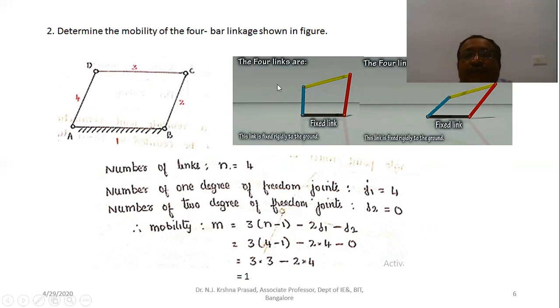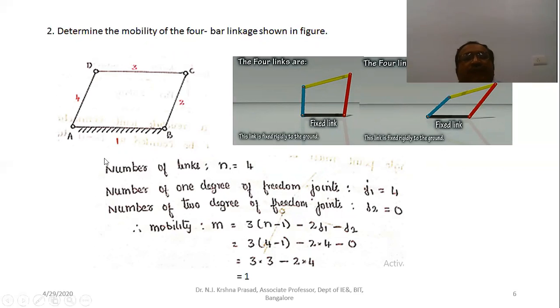The 3-dimensional object of the mechanism is shown here. This figure shows the animation of the 4-bar linkage in different positions, when link 1 is fixed here.